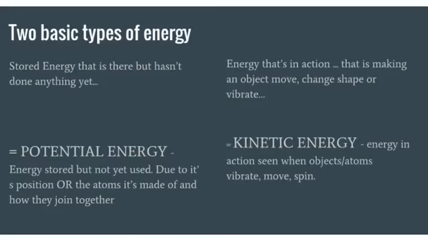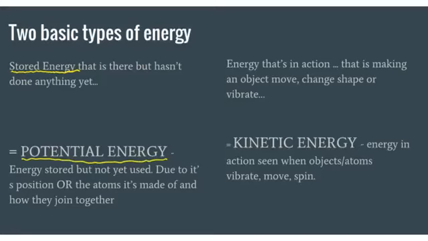Now, if we had to break energy into types, there's actually two basic types. Energy that hasn't got anything done yet, but has the potential to, and energy that is actually causing a change at this moment in time. The first one is stored energy. Now, stored energy is what we call energy having the potential to do something, so we call it potential energy.